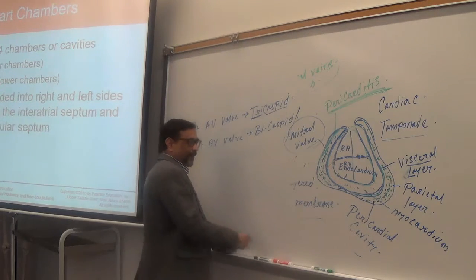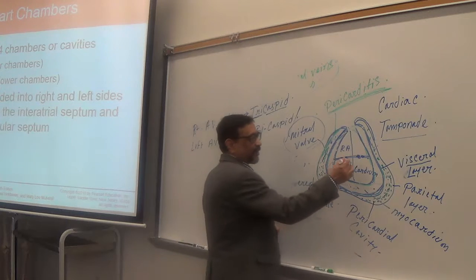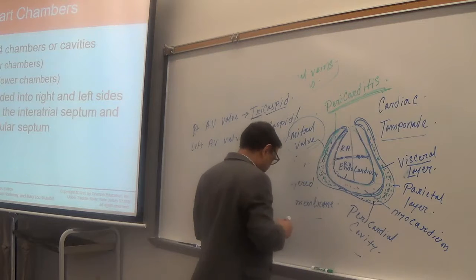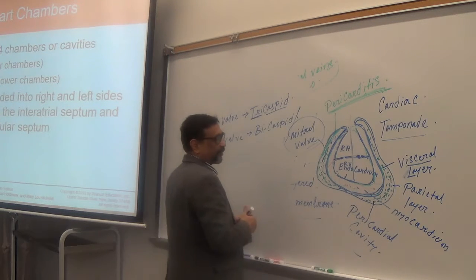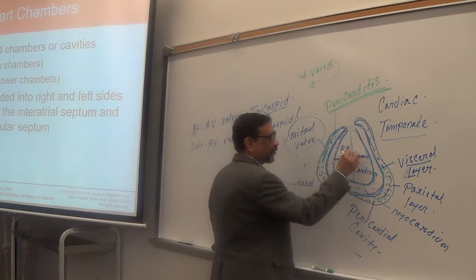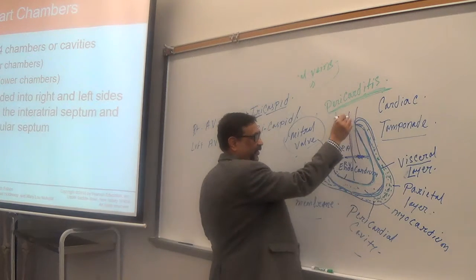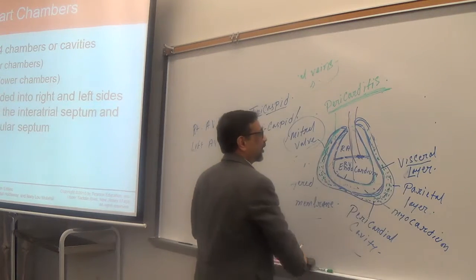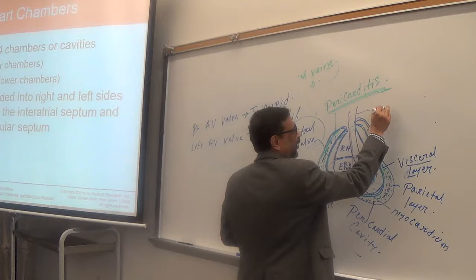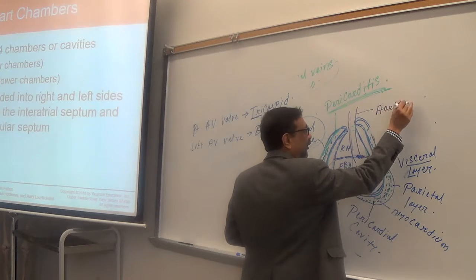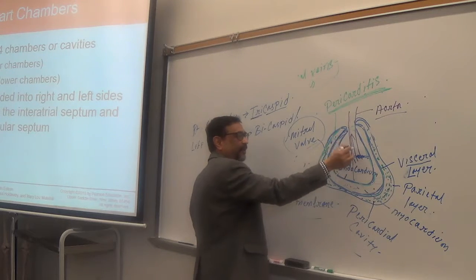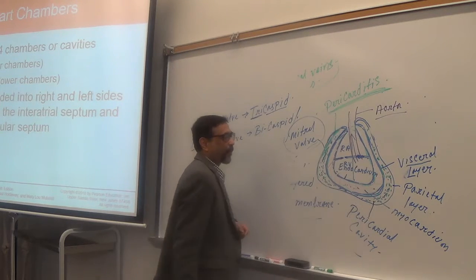There are 2 other valves. You know, from left ventricle, blood goes to the body. You all know that, right? From left ventricle, blood gets out, oxygenated blood to the body. And this is called aorta, largest artery that takes the blood, oxygenated blood, out.